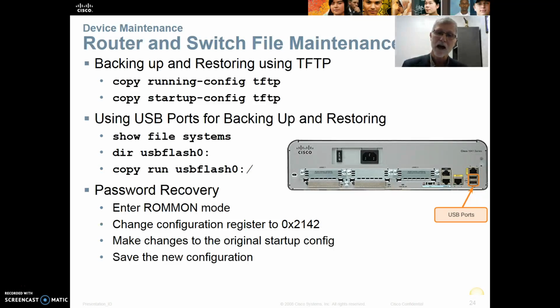What I want to do is change my configuration register. If you change it to 0x2142, that's what the 0x stands for, hex 2142, it will allow me to override and specify changes to the original configuration file and then save it. But now you have to remember to set it back to its original setting, which is, I think, 0x2102.